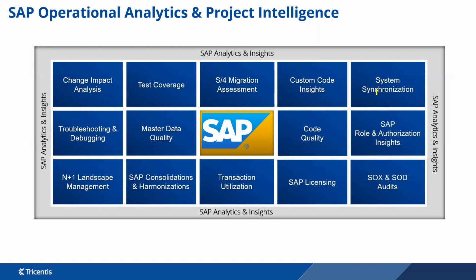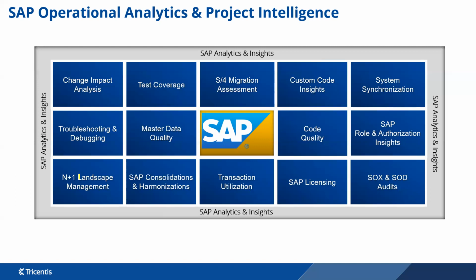Also, another key element to a healthy SAP environment is to make sure that your systems stay in sync. You want to make sure that your code and your configuration and your data is all in sync between dev, QA, and prod, right? Or if you have an N+1 landscape environment, you have a project landscape that runs in parallel with your production landscape, making sure that those environments stay in sync so that when you do your merges, you're not having object collisions and object overlays and things like that.